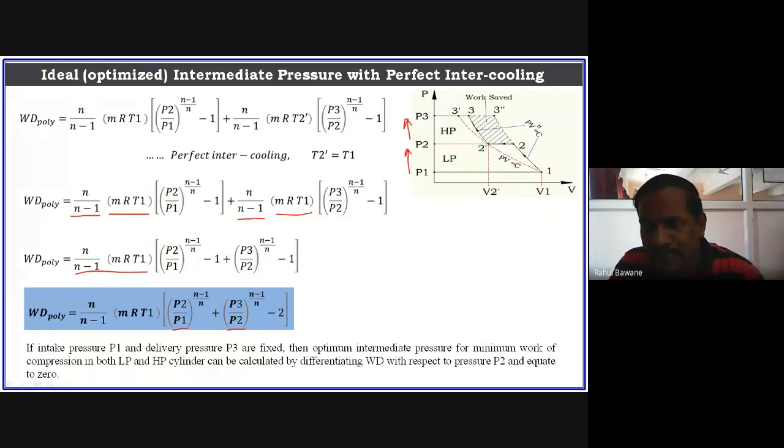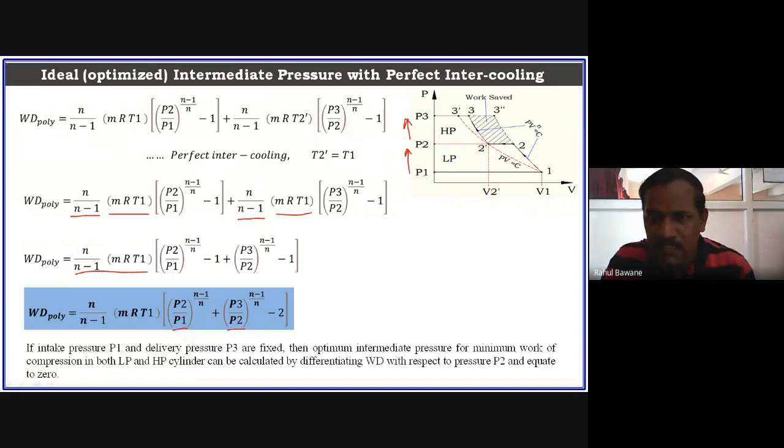If P2 is very low, I can easily compress from P1 to P2, but then my major work will be from P2 to P3, so I have to provide more work in the second stage. In the second case, suppose I keep P2 very high.